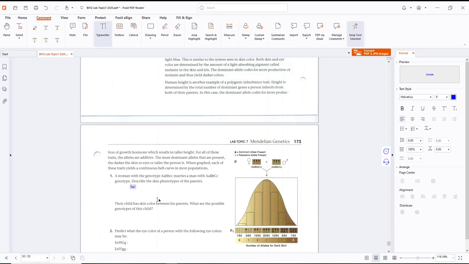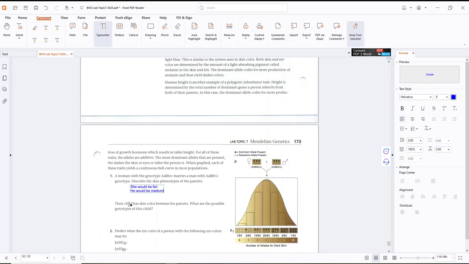And then he would be medium. Okay, so she would be fair. He would be medium. All right. So basically, she's got one dark allele and 5 light alleles. He's got 3 dark alleles and 3 light alleles. So he's right in the middle. She's on the fair side.